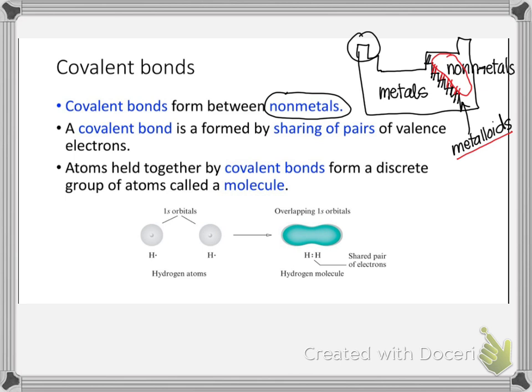The second thing is the second bullet point, and how these bonds occur is that they share valence electrons, and we'll be talking a lot more about sharing the valence electrons in this discussion. And just as a reminder, valence electrons are in the outermost energy level.